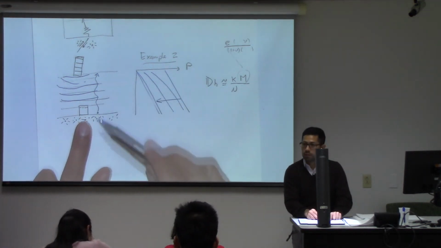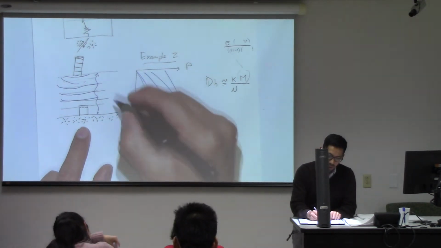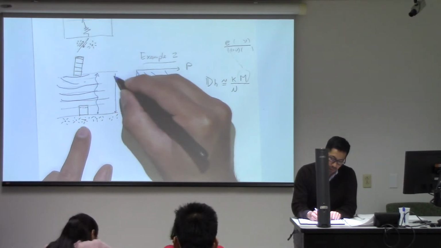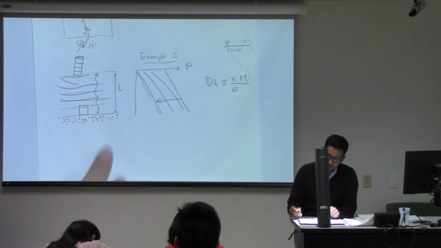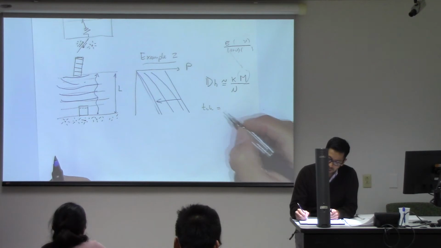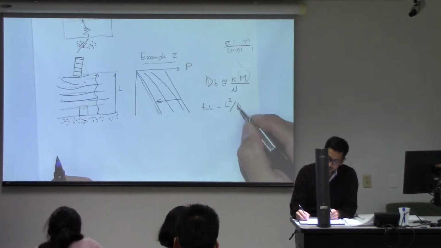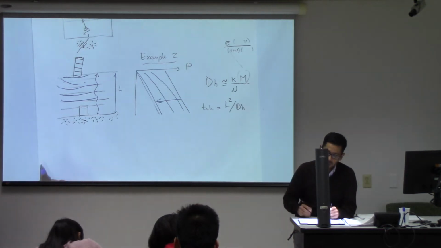It cannot go down because that's an impermeable barrier. So if you wanted to calculate the characteristic time for that, you will have to use that L squared divided by the diffusivity parameter.